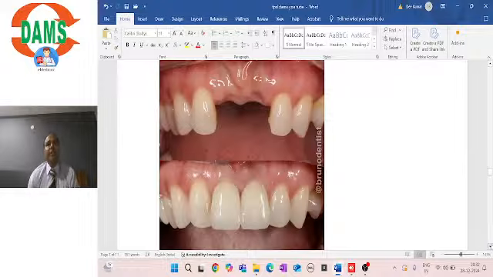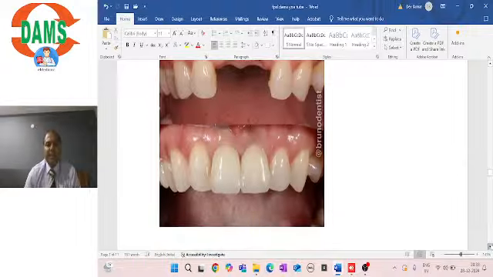So E-Max Press 1 was lithium based, okay, but the E-Max 2 has aesthetics as well as strength. So those were lithium disilicate crowns, right? Now we are giving lithium disilicate crowns.